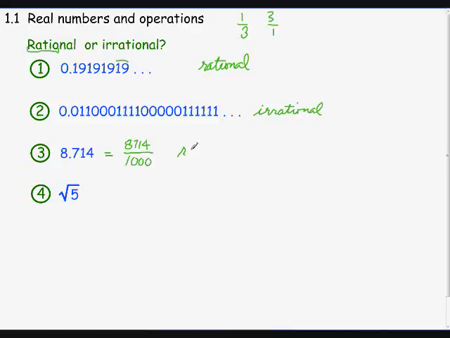This is a rational number. If you have a decimal that terminates, it's not being rounded, it actually terminates, it doesn't go on, then it is always a rational number. So repeating pattern, terminating, it's a rational number. Here we have something which is irrational. That is impossible to express as a ratio of 2 integers.